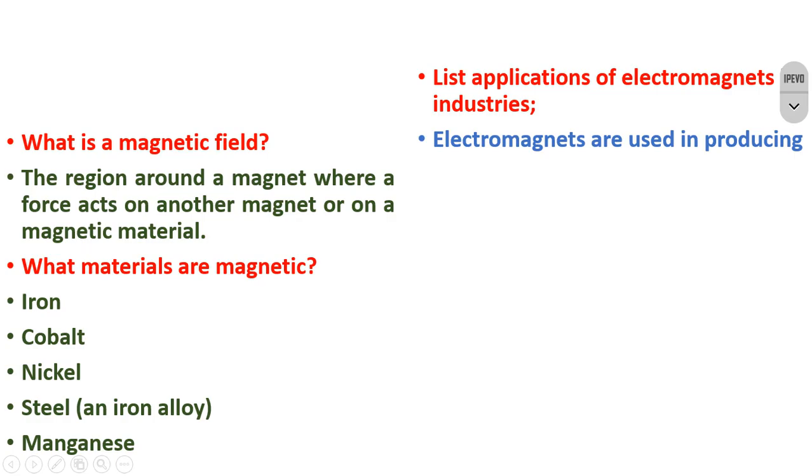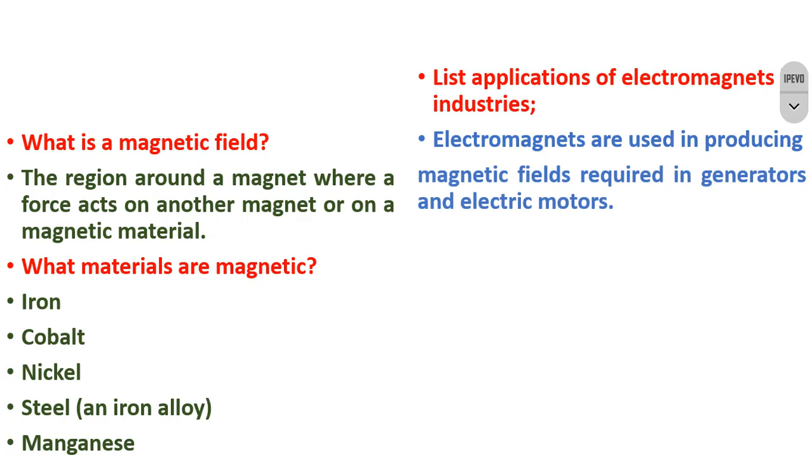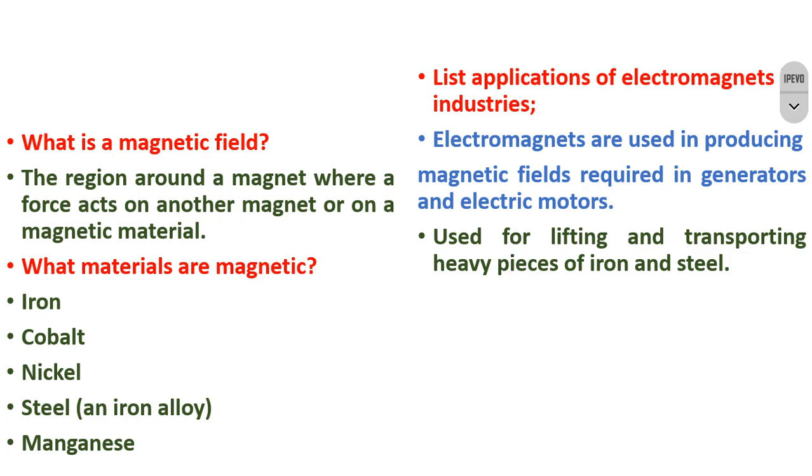Electromagnets are used in producing magnetic fields required in generators and electric motors. They are used for lifting and transporting heavy pieces of iron and steel in industries.